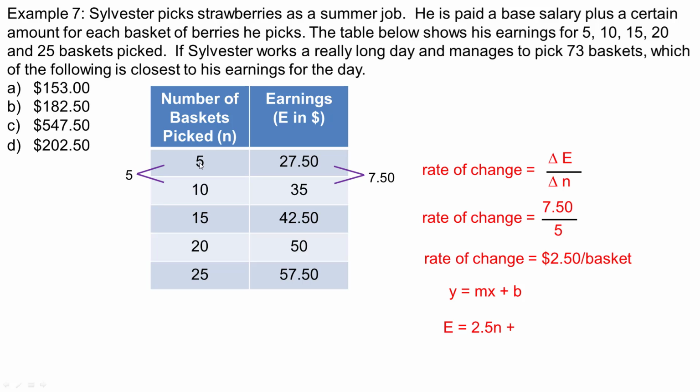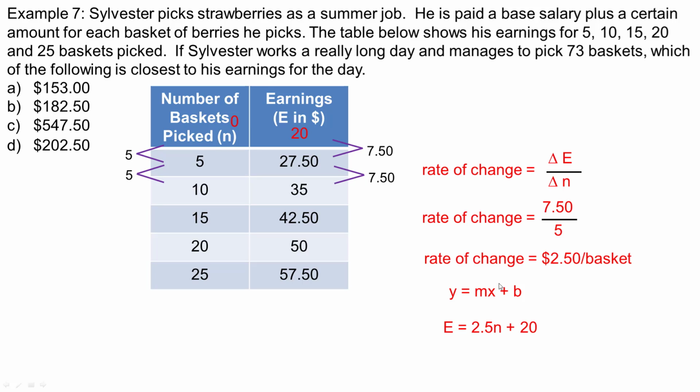If you go back 5 baskets, this would be 0. So 7.50 less than 27.50 would be $20. So $20 is the fixed amount because that's what he's paid even if he doesn't pick any baskets. He has some kind of fixed part of his income. So 20 is what goes on the end here.